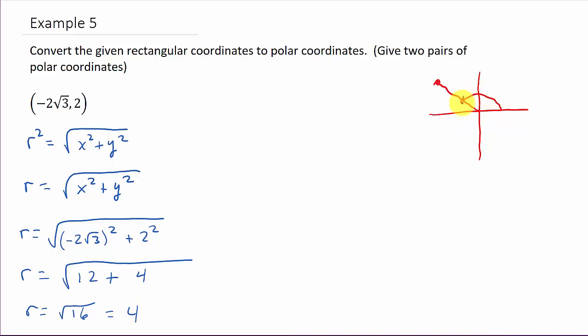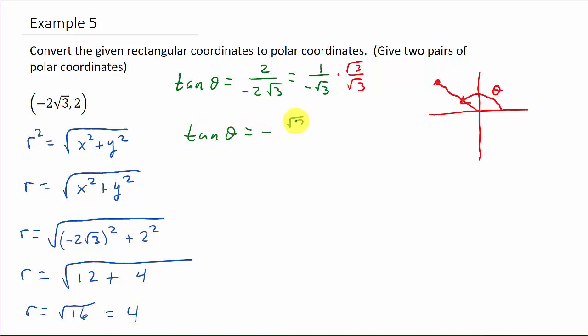Okay, and so this is theta, and we know that tangent theta is y over x, so that's 2 over negative 2 square root of 3, and so that's 1 over negative square root of 3, and if I rationalize the denominator, I get tangent theta is negative square root of 3 over 3.